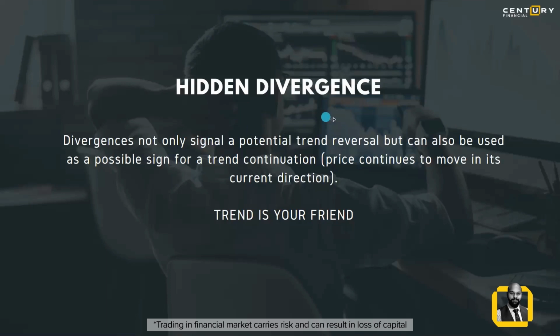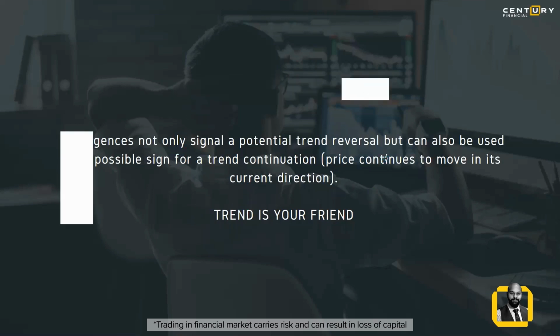But a hidden divergence tells you a possible sign of trend continuation. Over here, you're not looking at a price to drop and then to buy it. Over here, this particular divergence is showing you that if the market is going up, you want to use the trend to continue the trend, and basically that is what hidden divergence is going to help us identify.